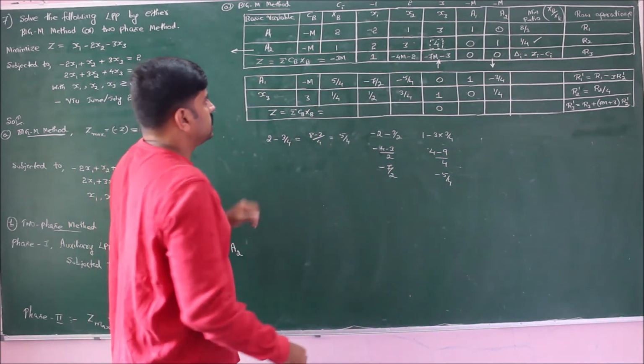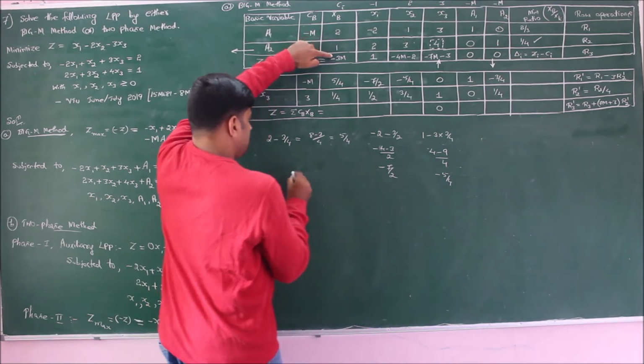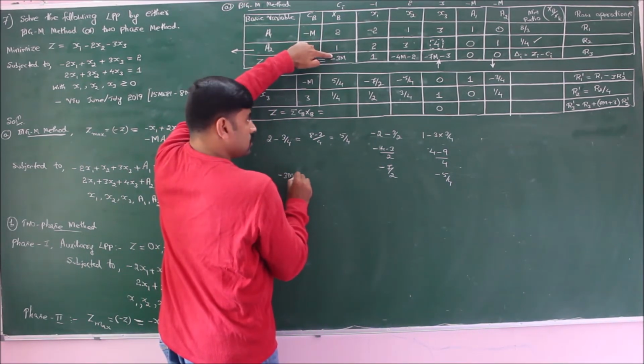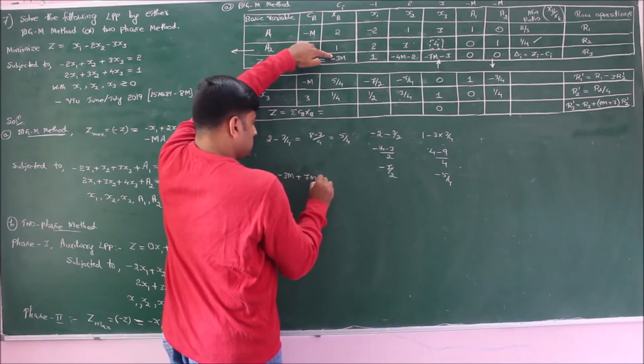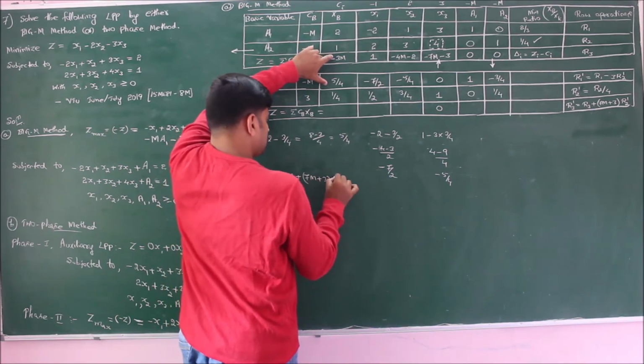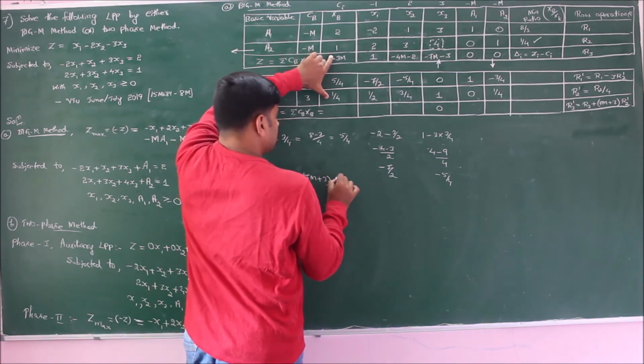Coming to the row 2 calculation, here we have minus 3m plus 7m plus 3 times the key row, that is 1 by 4.